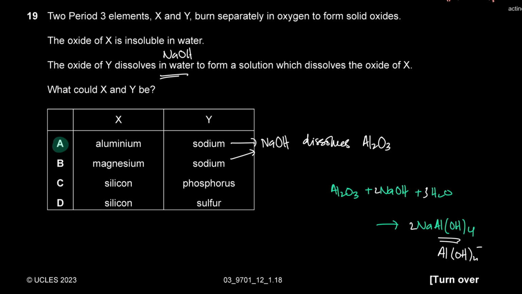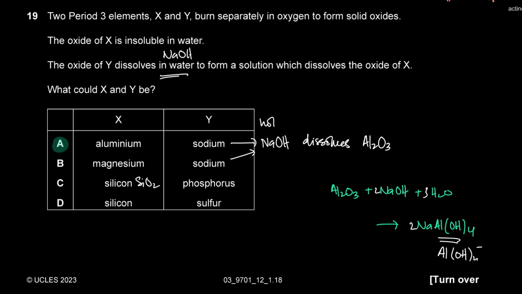Now, one thing I want to mention here is that silicon 4 oxide, or silicon dioxide, also dissolves in sodium hydroxide. But we didn't have the option here of sodium hydroxide. Both aluminum oxide and silicon oxide dissolve in hot concentrated sodium hydroxide.